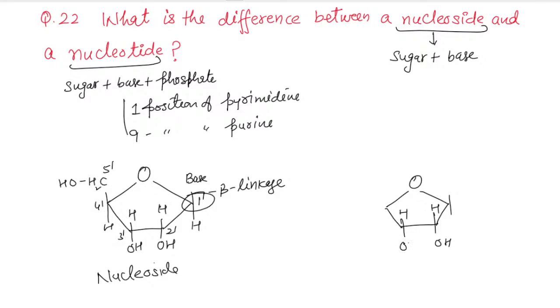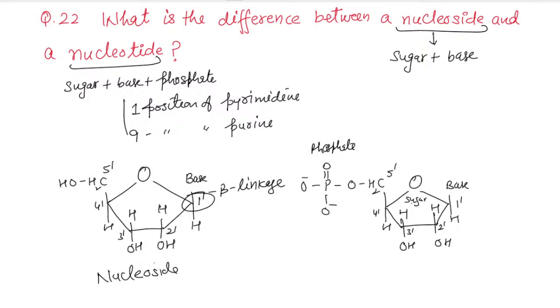At 1 dash there is a base, and at 5 dash there is a phosphate group. Sugar, base, and phosphate.